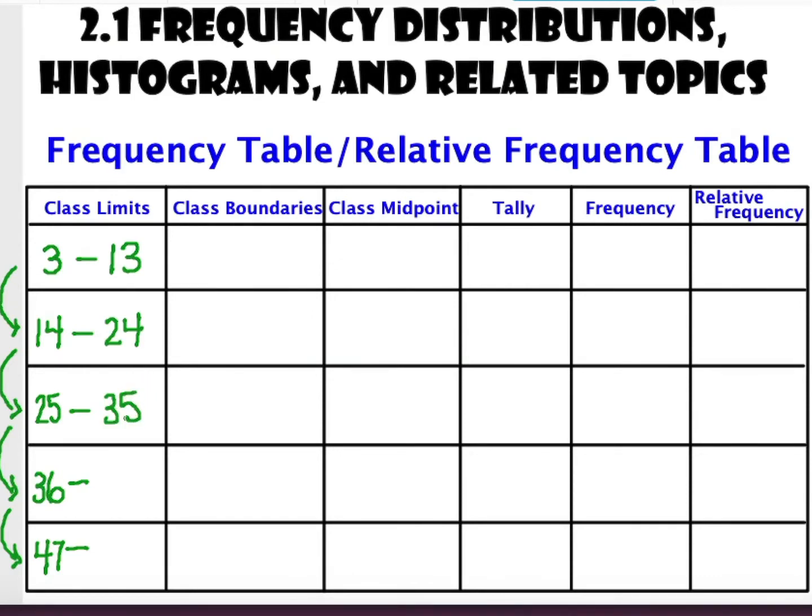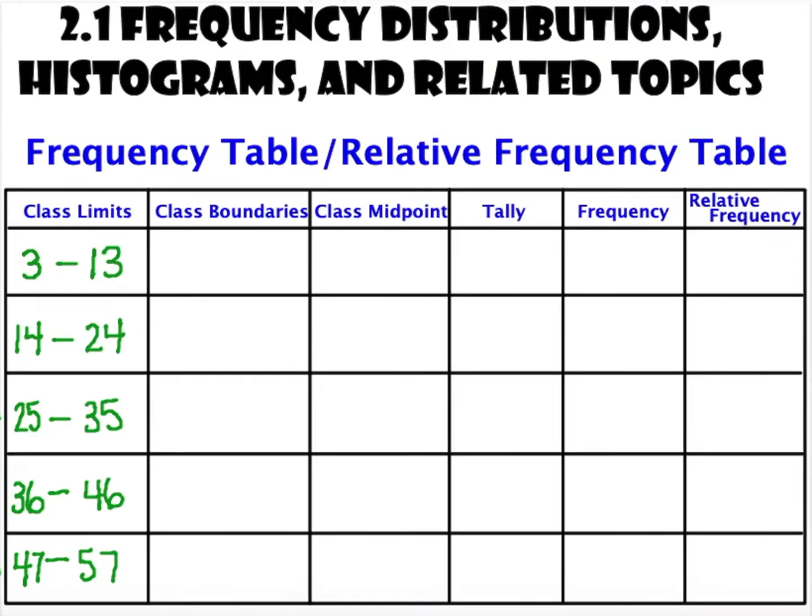Next one's going to go to 35, 46, and then sometimes the last one's harder for me to figure out, but if you notice, these are also going up by 11, so that helps me. So if I add 11 to that last one, 57. Now I know it looks like from 3 to 13, that only looks like 10, right? But if you count on your fingers, 3, 4, 5, 6, 7, 8, 9, 10, 11, 12, 13 is 11 numbers, and so the class width would make sense.